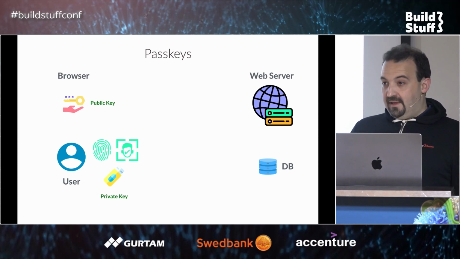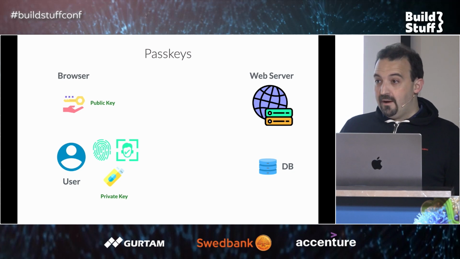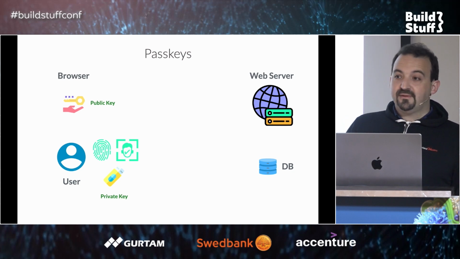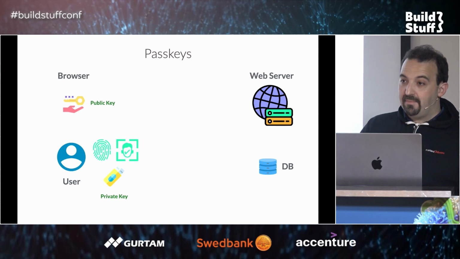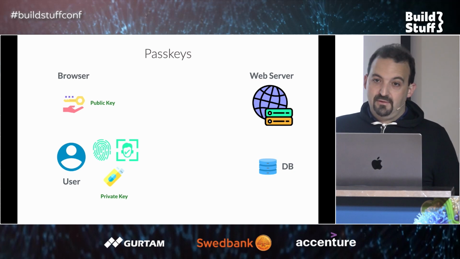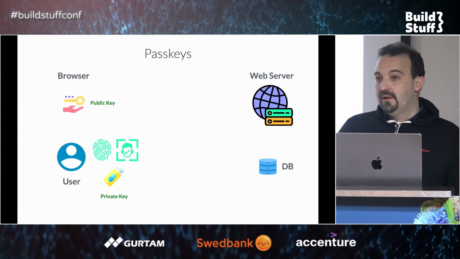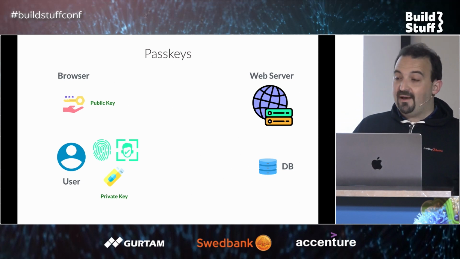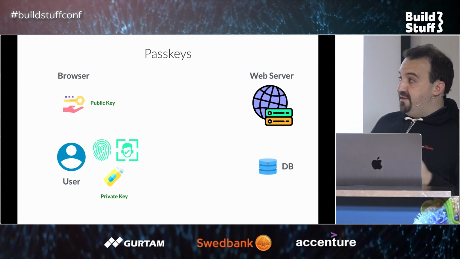The private key is stored safely somewhere: it can be hardware-based, in the phone, in iCloud on Apple, or in your Google account on Android or Chrome, for example. It can be a USB key.